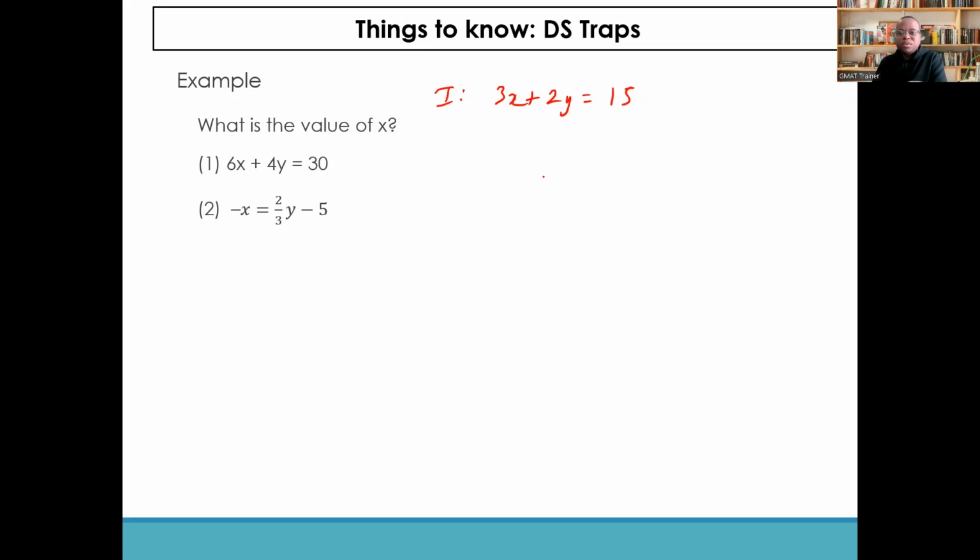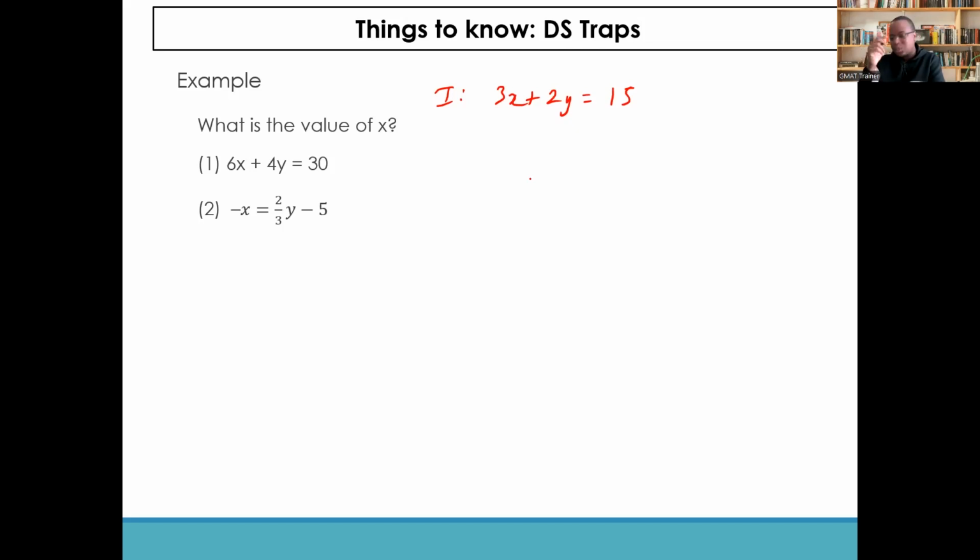Now, is this a defined equation? That's the first thing we need to ask ourselves, because you have two unknowns and one equation. If you have two unknowns, there can be multiple values that satisfy that condition.